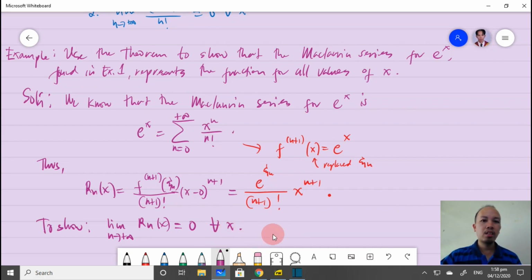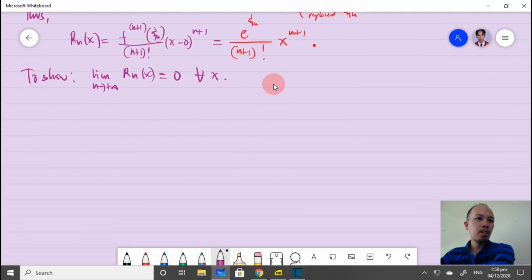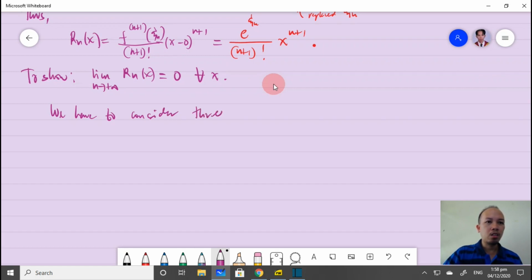So let's divide the problem into three cases: x greater than 0, x less than 0, and x equal to 0. But this is not always the case. It depends upon the problem.